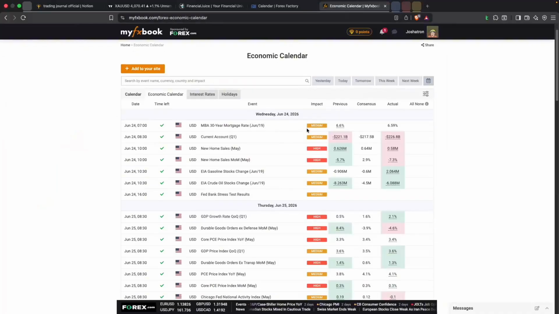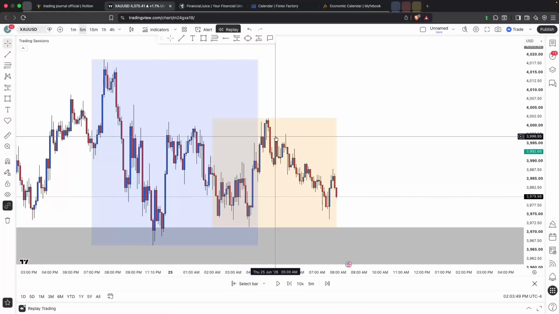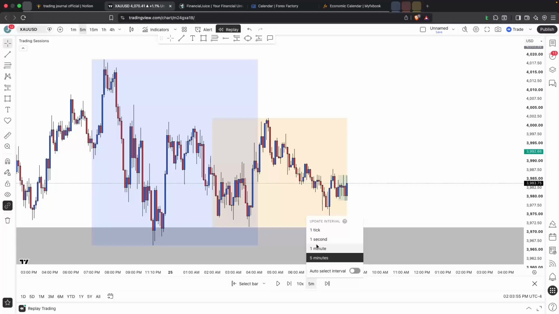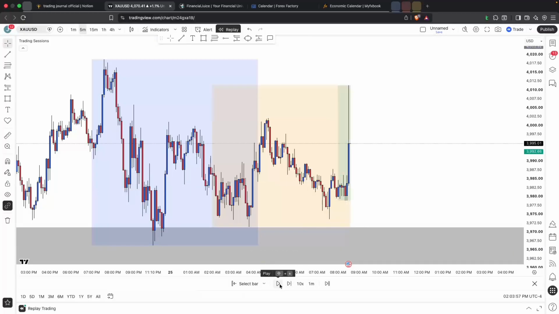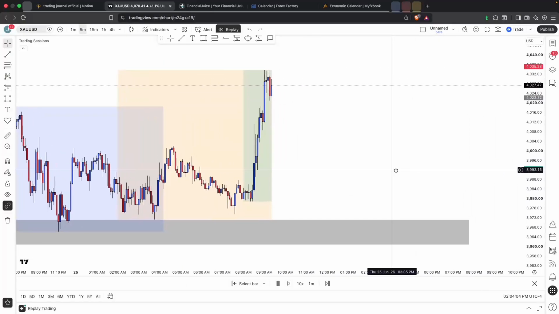I don't think I traded this day. Yeah, this was the day all this news came out. Didn't trade. This is why I didn't trade this day.